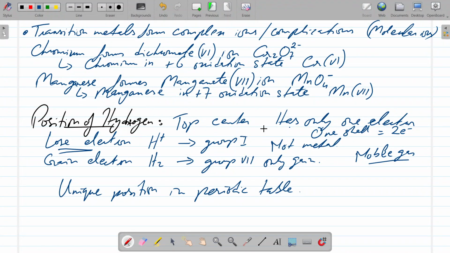When hydrogen loses the electron, it has nothing else. It has no neutrons, so you can call it a hydrogen ion, or simply a proton, because that's all there is in the nucleus. So that table also highlights the reasons for its unique position.